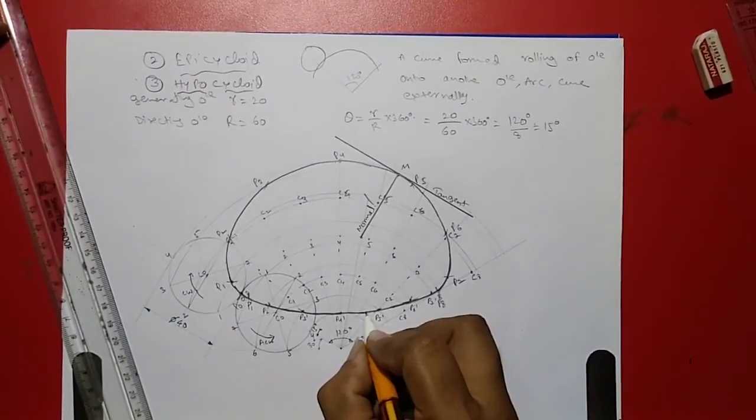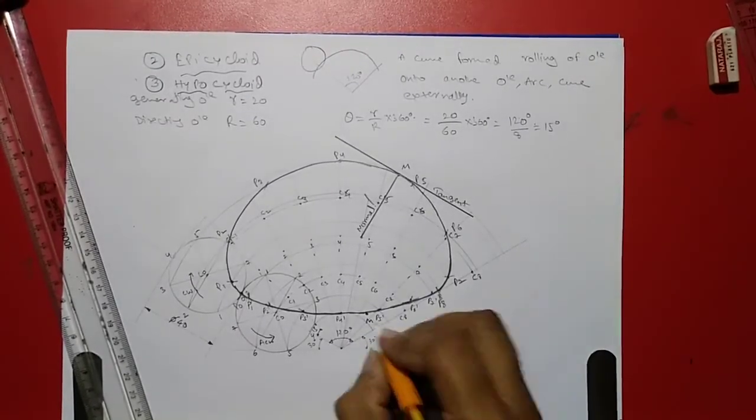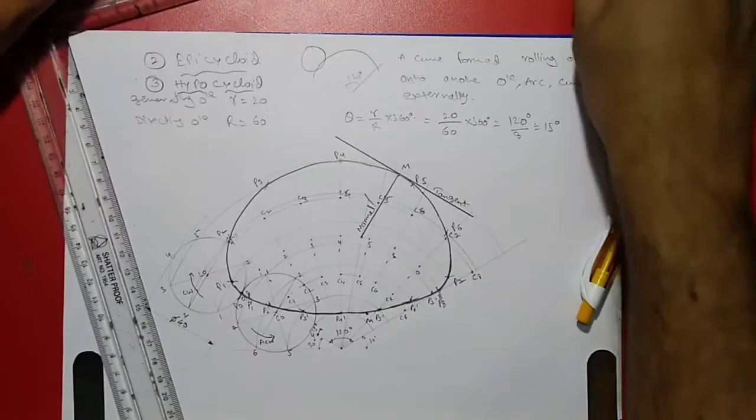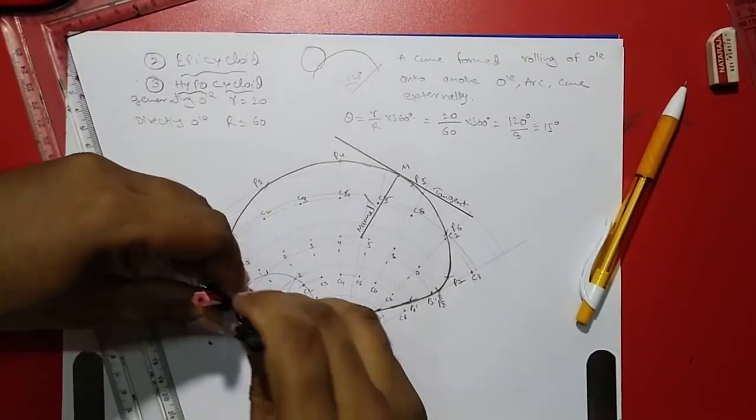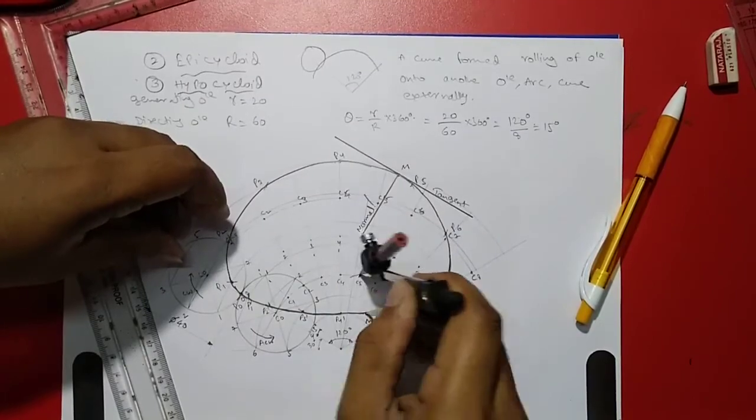Any point on the curve, make it M. From there, measuring the radius onto the center.